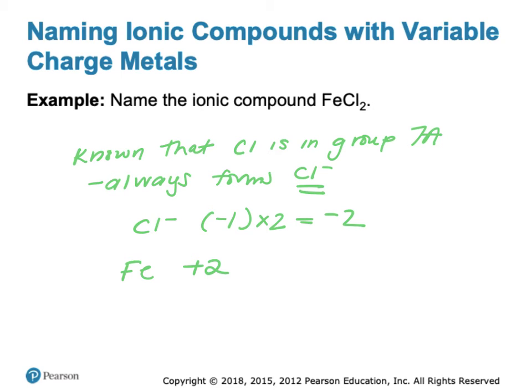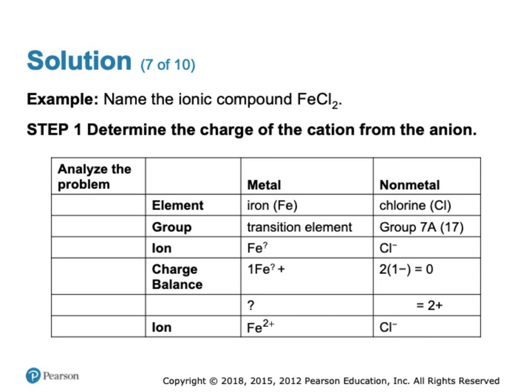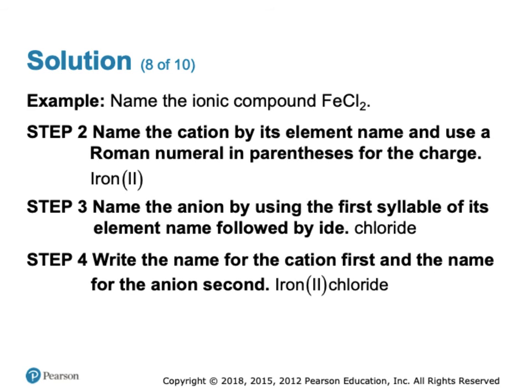In order to name this, it will be iron(II) chloride. This table just summarizes what I wrote down: to balance the -2, we need +2, so it's Fe2+, and when we write the name, we have iron(II) chloride.